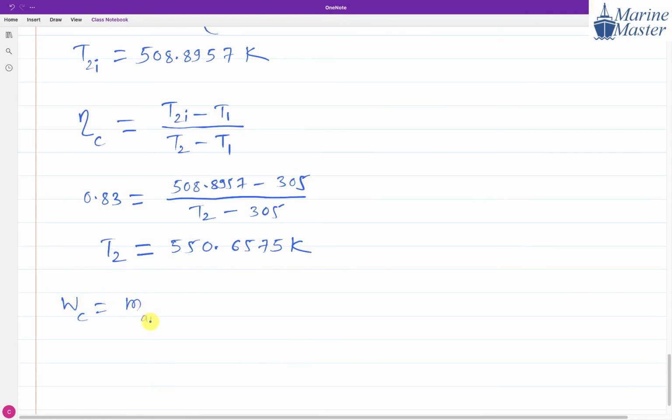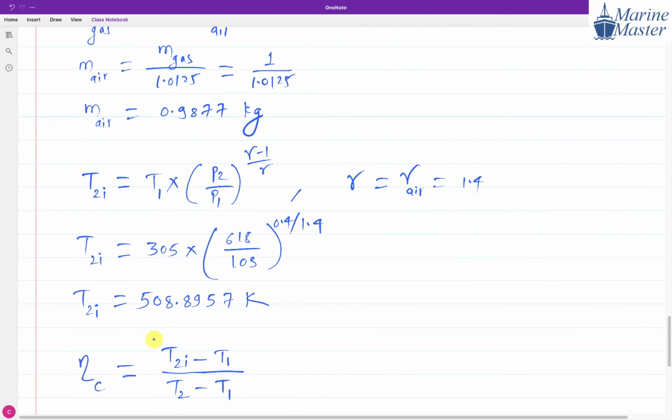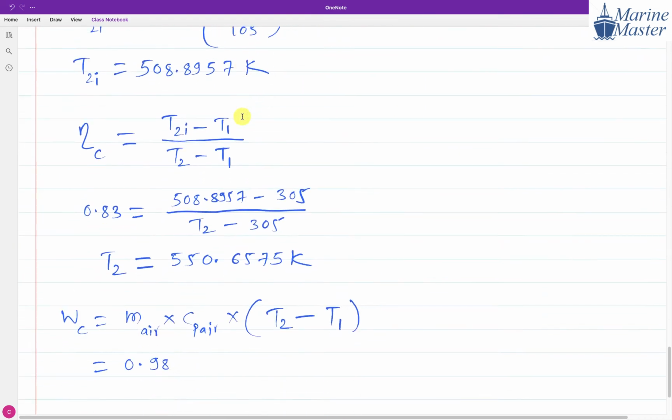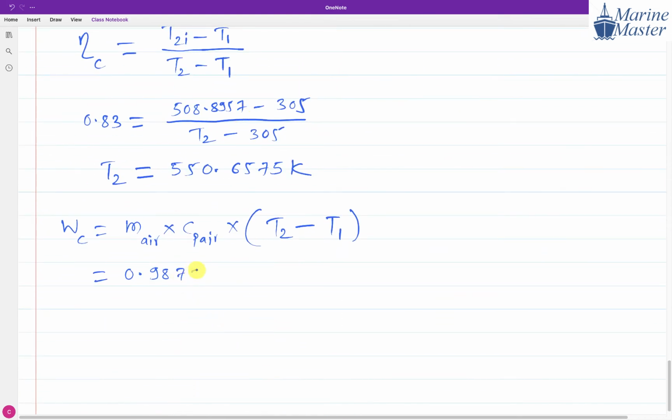So WC will be mass of air into specific heat of air into T2 minus T1. Mass of air, how much did we calculate, guys? 0.9877, just now, a few minutes before. Cp of air is 1.005. T2 we calculated here, 550.6575, minus T1.